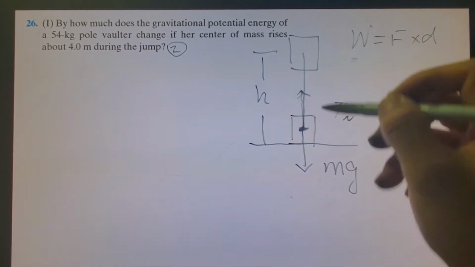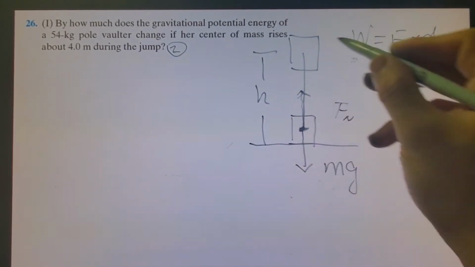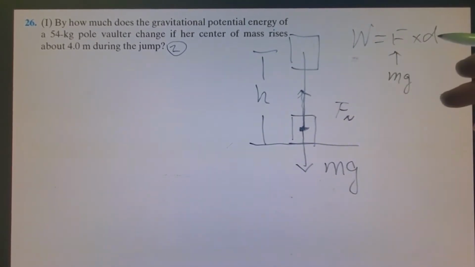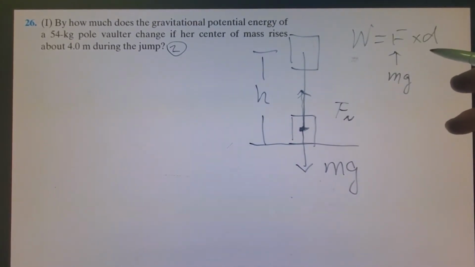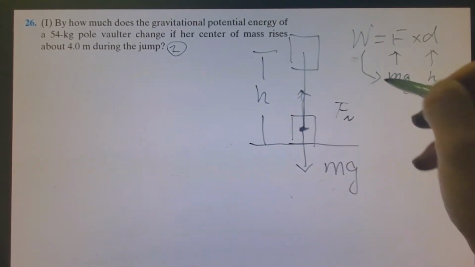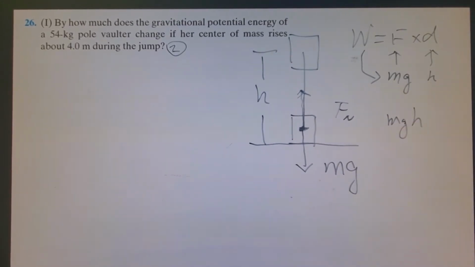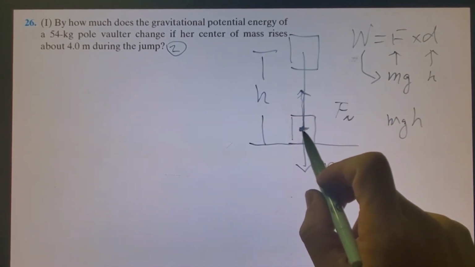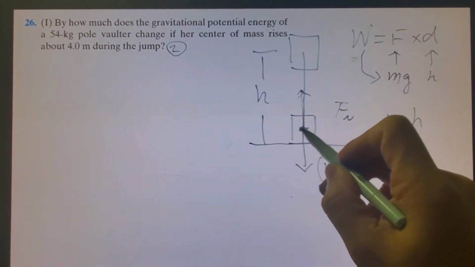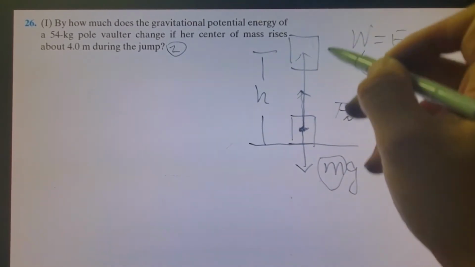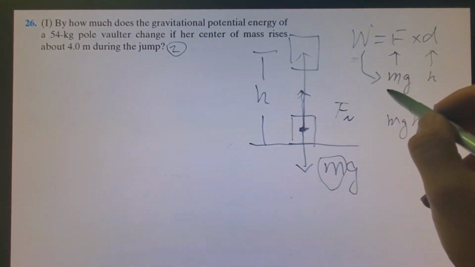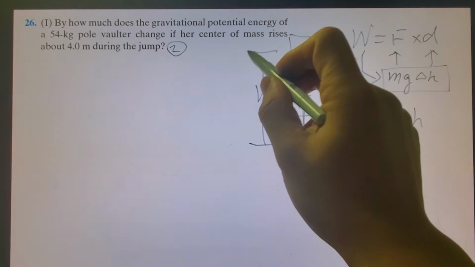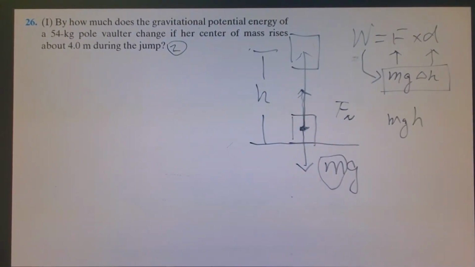So you have to apply a force of mg, and if you move a distance of h, so d is equal to h now, this work is equal to mgh. That means the energy needed to bring this object of mass m against gravity up to the height h is equal to m times g times h, or delta h, if you decide to have the final height minus the initial height.